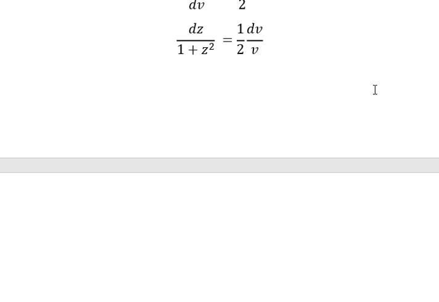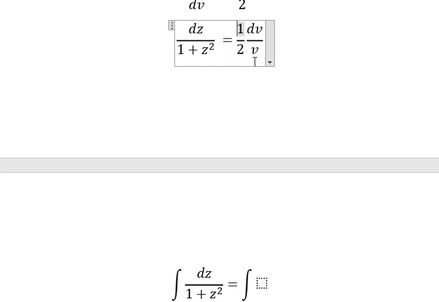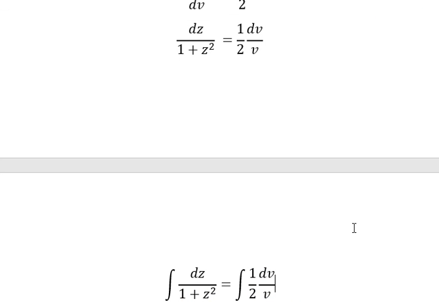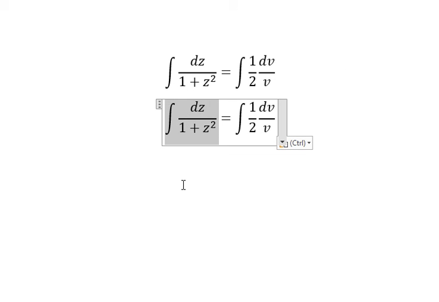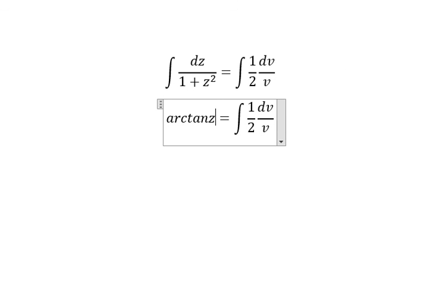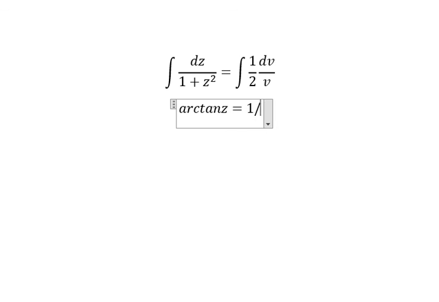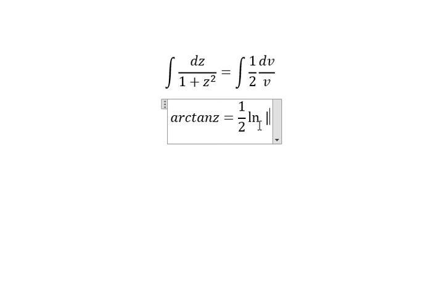Next, we put the integration for both sides. This one we have arctan of z. This one we have 1 over 2 ln of the absolute value of v. And we put c.